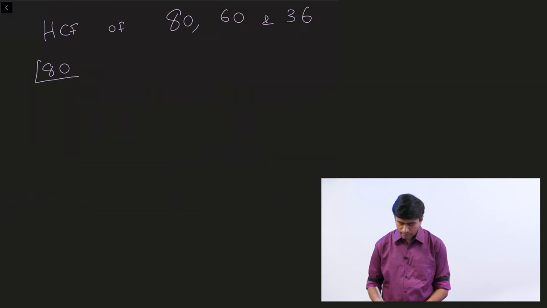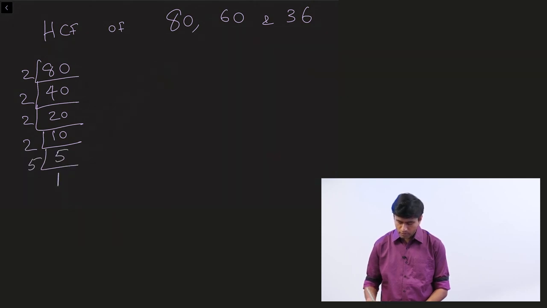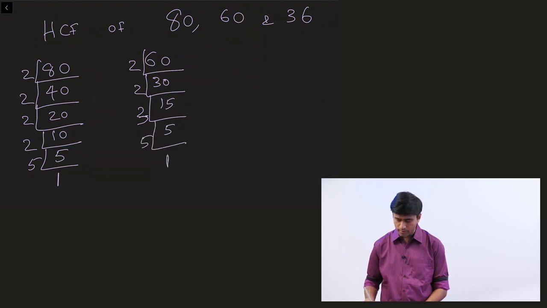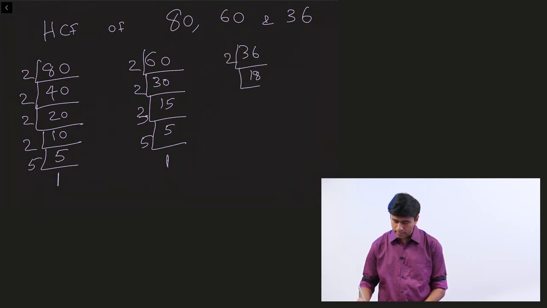Let's do that. 80: 2 40s, 2 20s, 2 10s, 2 5s, 5 1s. Prime factors of 60: 2 30s, 2 15s, 3 5s, 5 1s. What are the prime factors of 36? 2 18s are 36, 2 9s are 18, 3 3s are 9, 3 1s are 3.